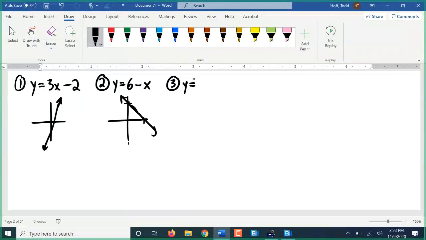Number 3, y equals x squared plus 2x plus 1. This one doesn't work out quite as easily. So let's see here.